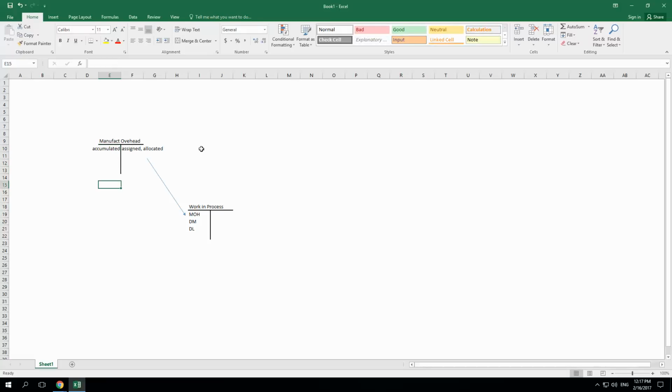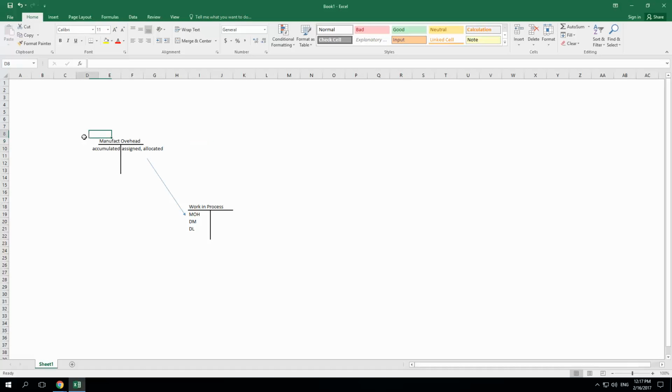Now, the thing is, these jobs, they don't end at the end of the calendar year. They could be ending mid-year, but they still need to take on some of this overhead cost. So we use that predetermined rate, like in the prior problem, to figure out how much to assign. But you could be crediting the overhead account to assign it to jobs before you really have enough actual cost accumulated, right?